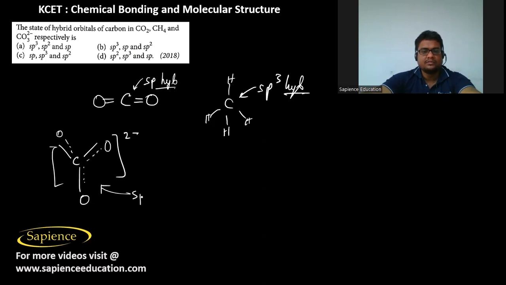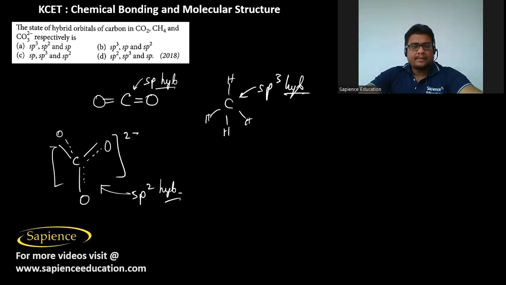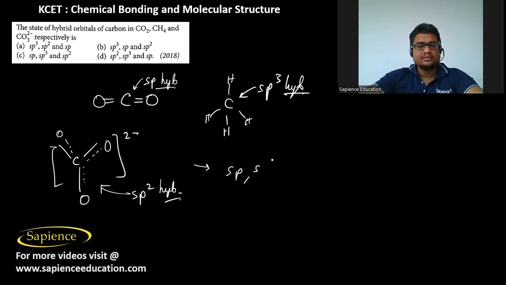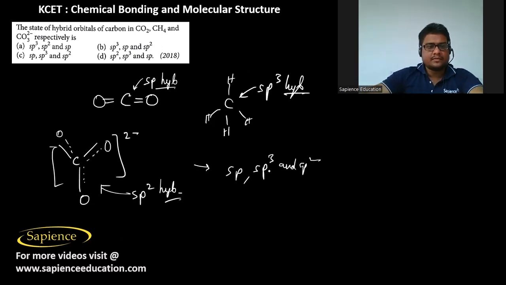So here carbon is sp2 hybridized. So the state of hybrid orbitals will be sp, sp3 and sp2. So option C is the correct answer.